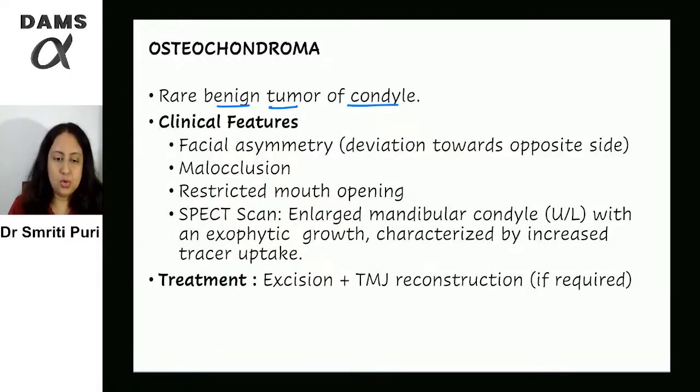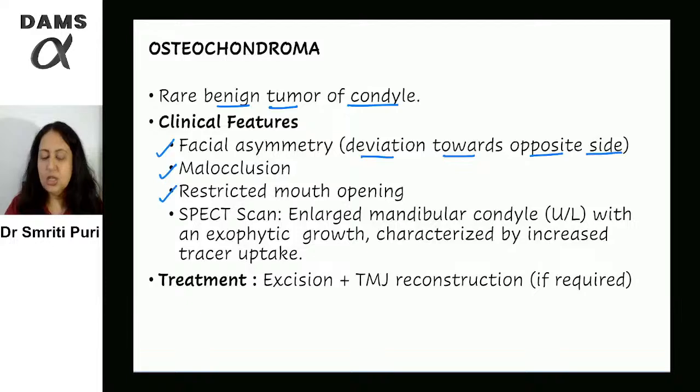Osteochondroma clinical features: facial asymmetry, that is, deviation towards the opposite side. The question mentioned deviation towards the left side, and the radiographs had a growth on the right side. The patient will have malocclusion and restricted mouth opening, and your SPECT scan will show an enlarged mandibular condyle unilaterally with an exophytic growth characterized by increased tracer uptake.